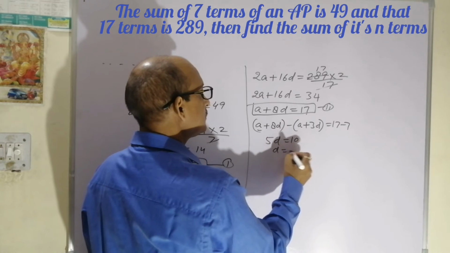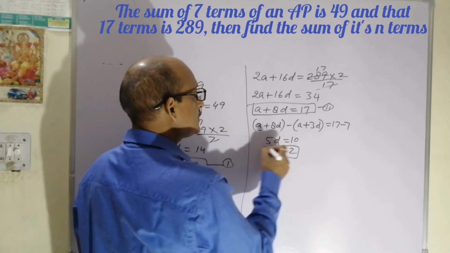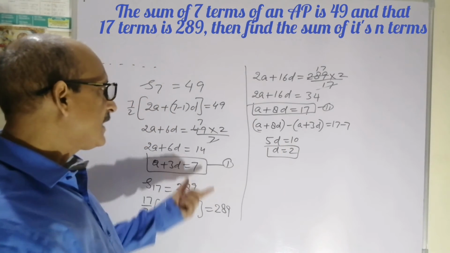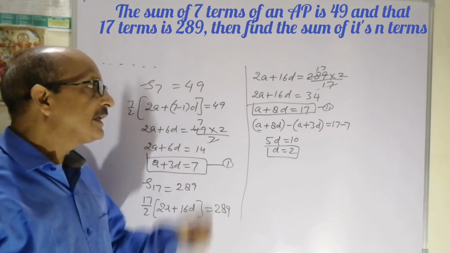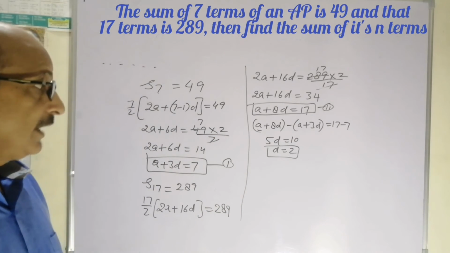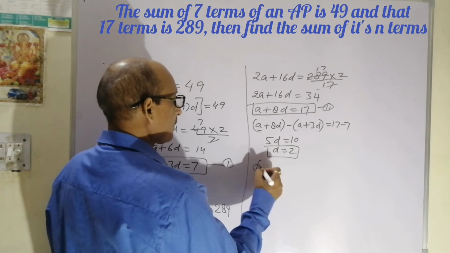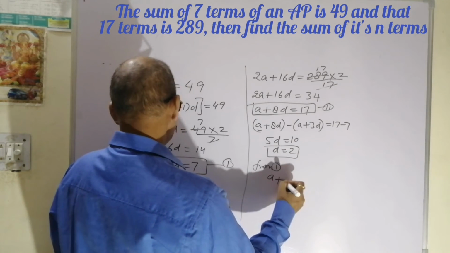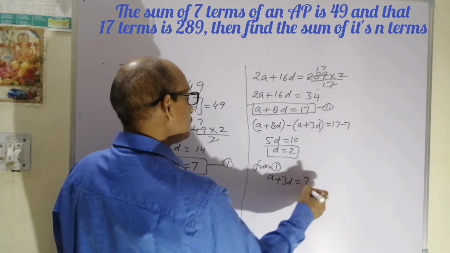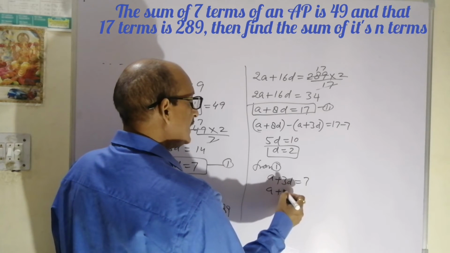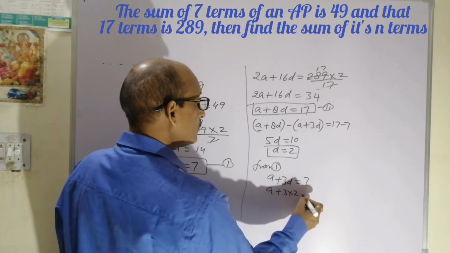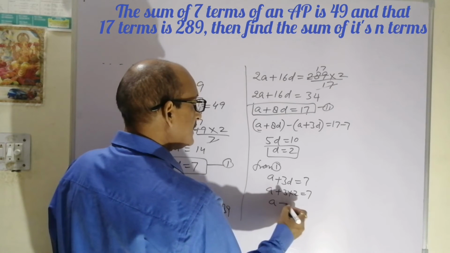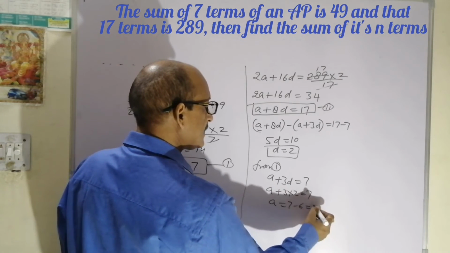So d is 2. When d is found, we can put the value of d in either of the equations to get a. So from 1 we have a plus 3d equal to 7. So a plus 3 into 2 is 7. So a is equal to 7 minus 6, that is equal to 1.